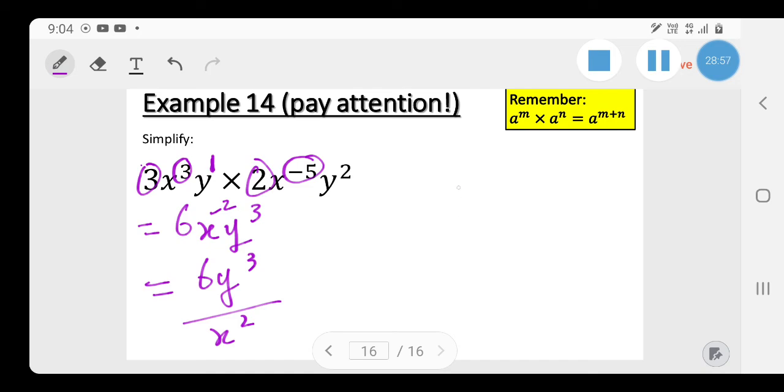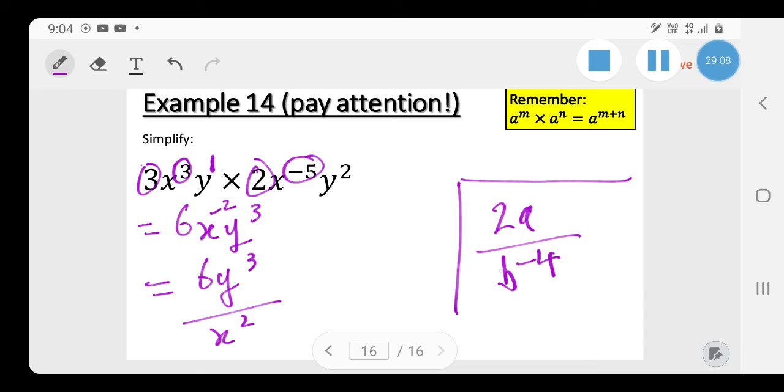Now, let me just make something up over here. The same thing applies if you have something like, I don't know, 2a over 3b to the minus 4. Now, the negative power here is a train ticket for that b part to go upstairs, okay?